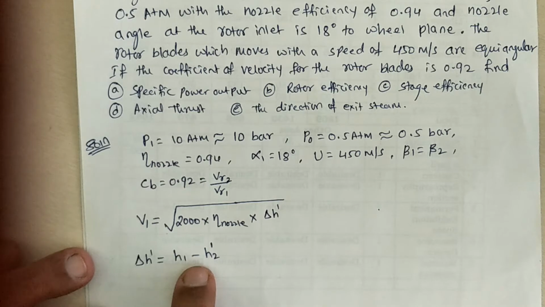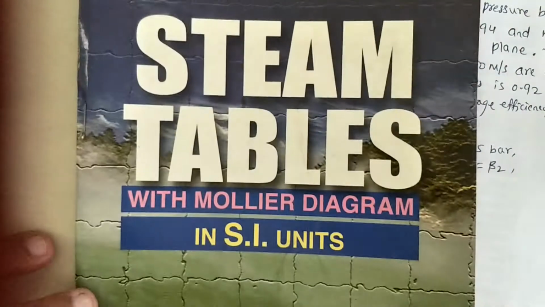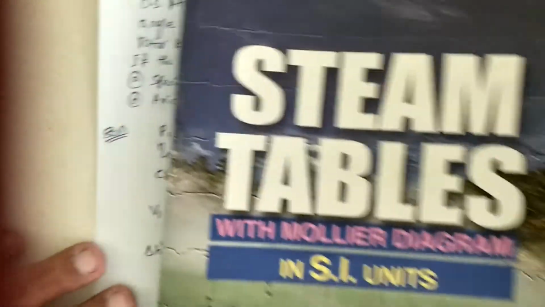Now I will show you how to obtain the values of h1 and h2. We have the steam table here, and if you go to the last page of the steam table, there is a Mollier chart.